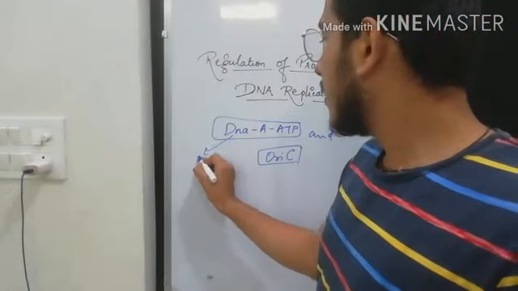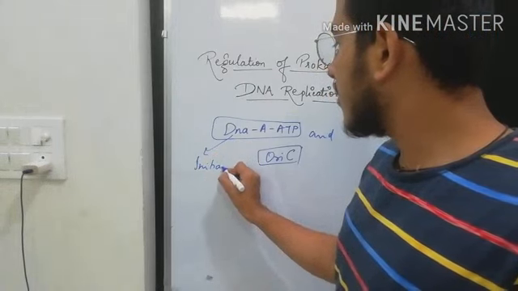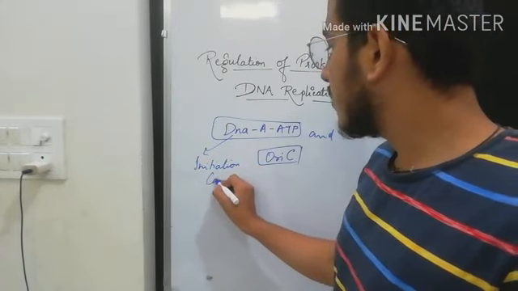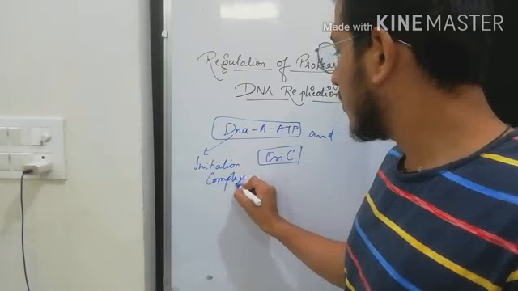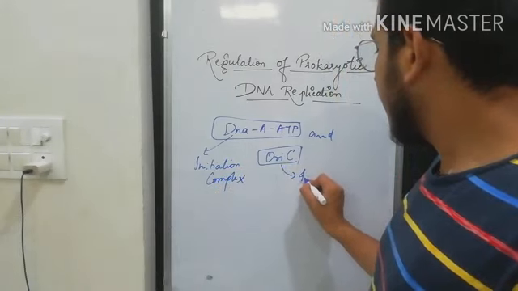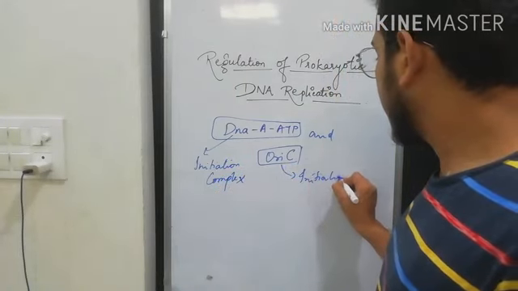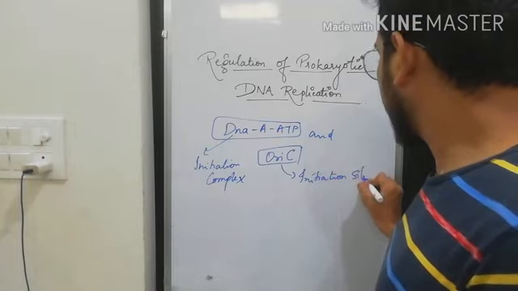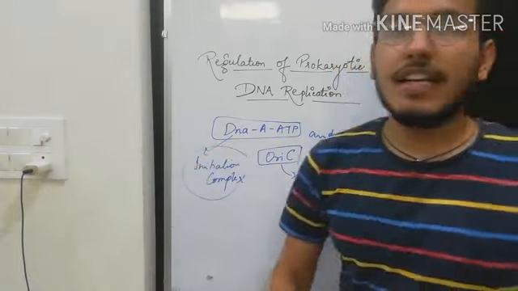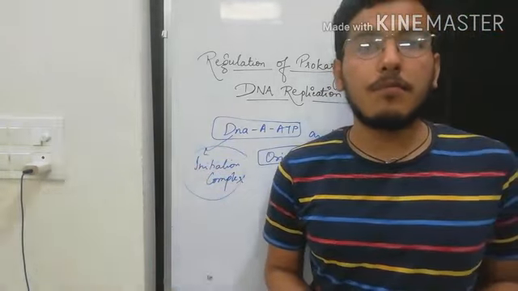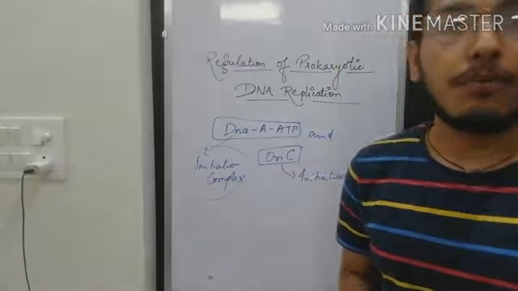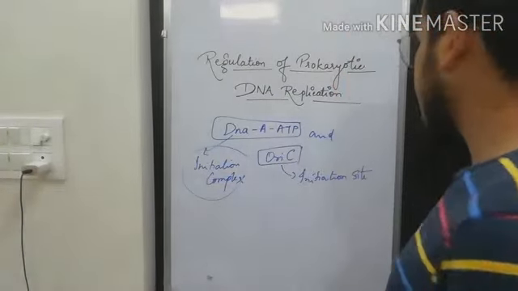This was our initiation complex, and this was the initiation site. So first we will see how the initiation complex plays a major role in regulation of prokaryotic DNA replication.